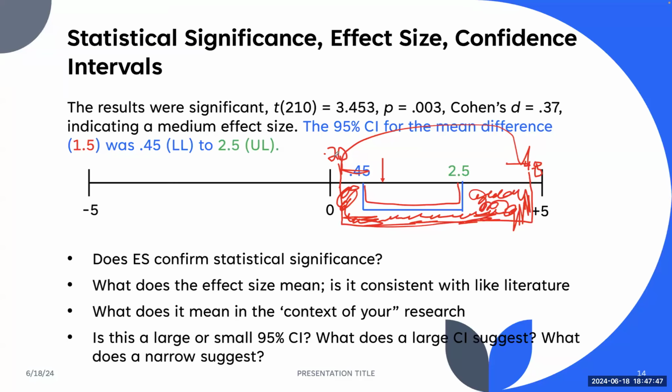So what does that mean in terms of your research? I don't know. But if it's a nice tight confidence interval, what does that mean? This is the way I want you to start thinking. Does that make sense to everybody?